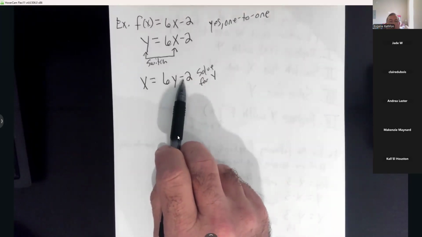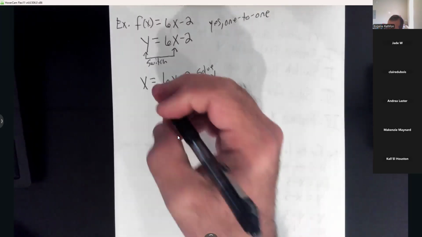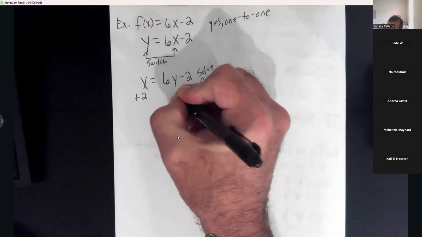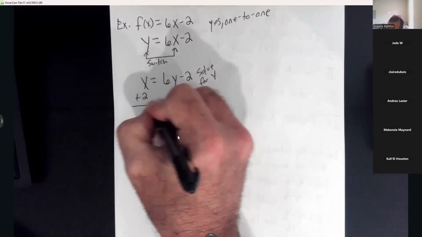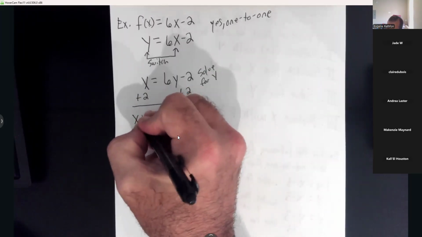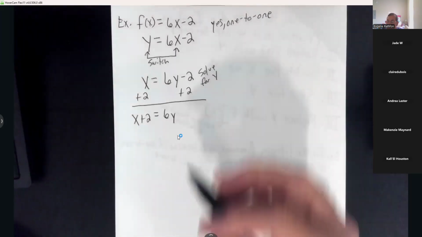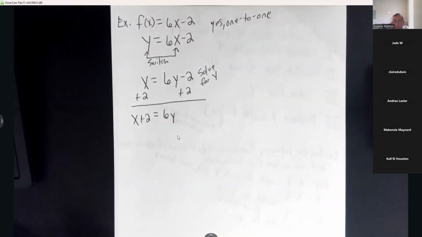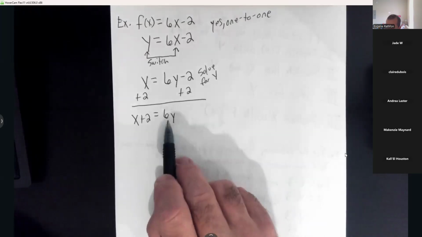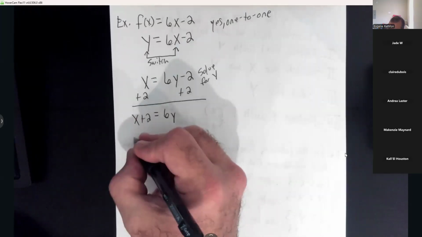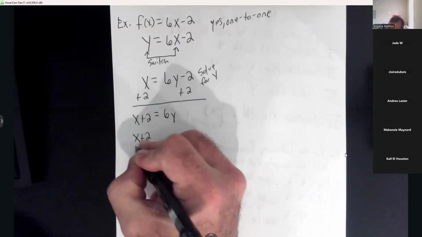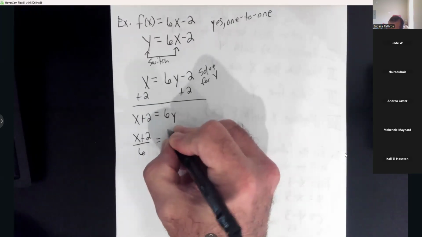So y'all, the first thing I would do is add 2 to both sides, get that 6y by itself. So you're going to have an x plus 2 over here equal to your 6y on that side. These 2's are going to cancel out of there. And then we want that to be a 1y, so we're going to divide both sides by 6.